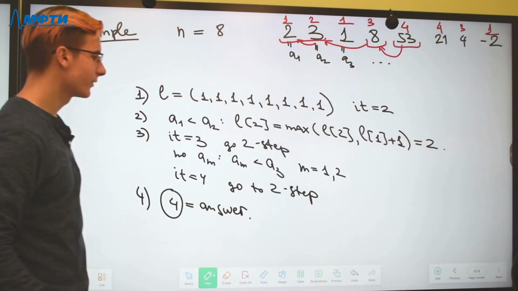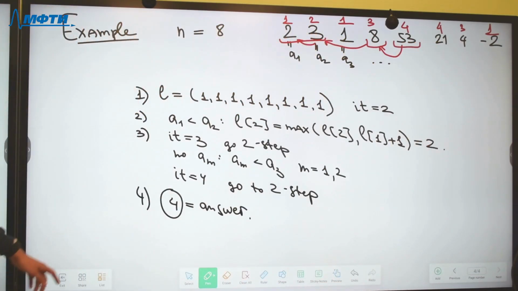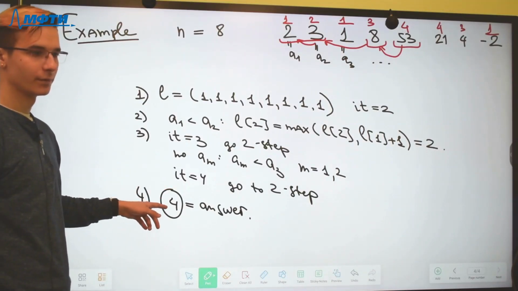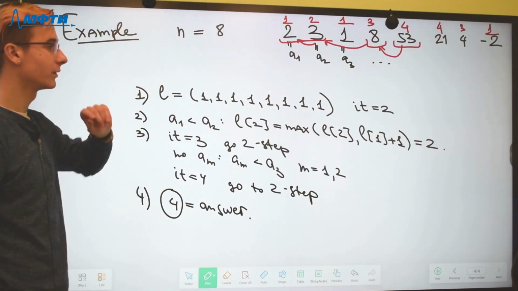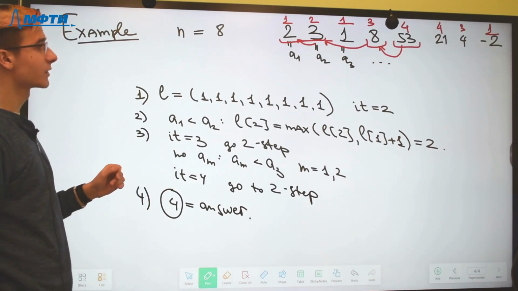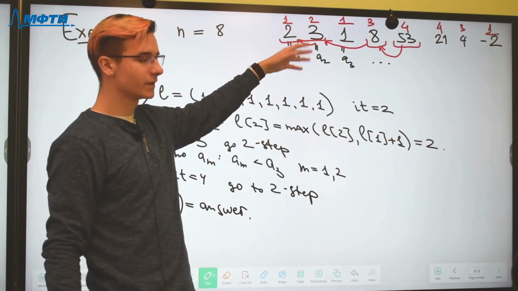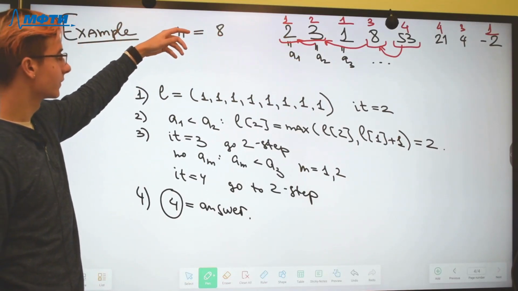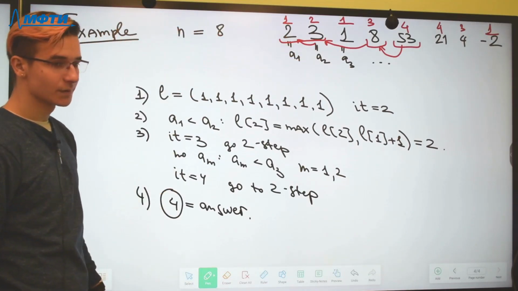So if we need to find not only the length of the longest increasing subsequence, we can store links and then reconstruct such a subsequence with these links.